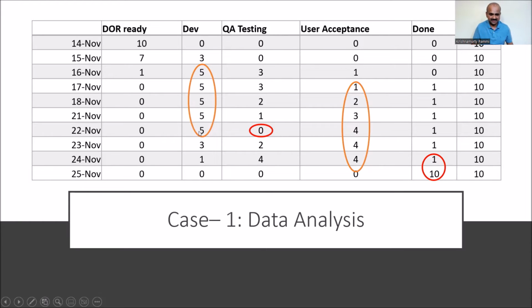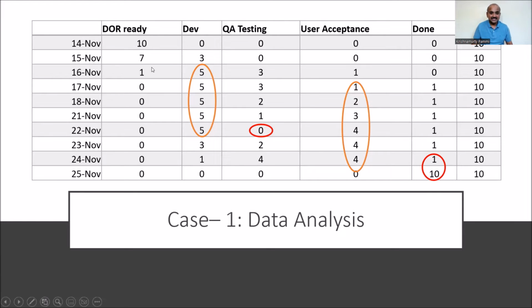Why is it like this? If development is continuously having 5, it can be a signal that these user stories are not properly analyzed, or that the developers have identified new bottlenecks, or that there are impediments blocking those user stories, or that our developers are not very serious in the initial days.